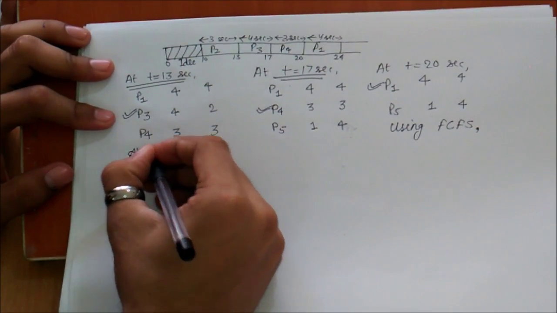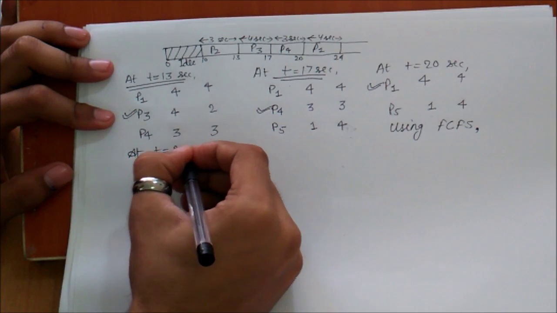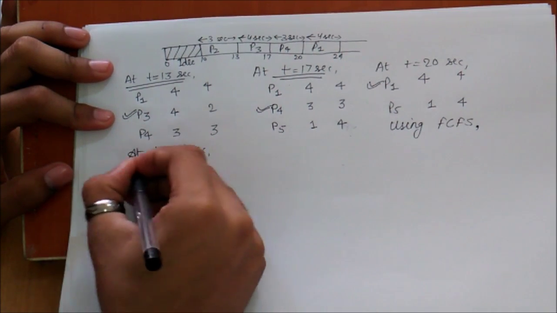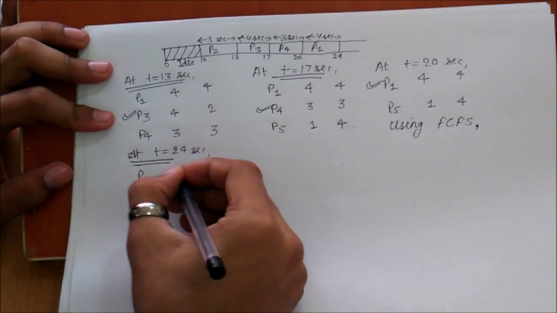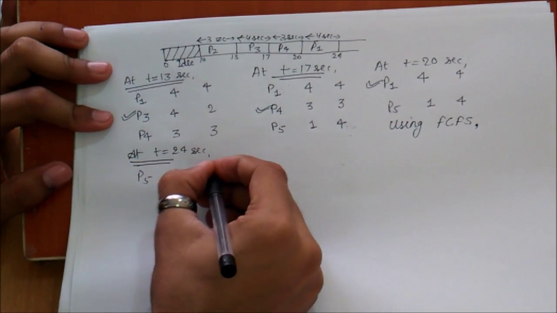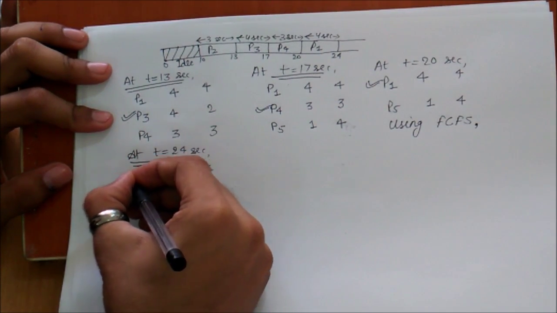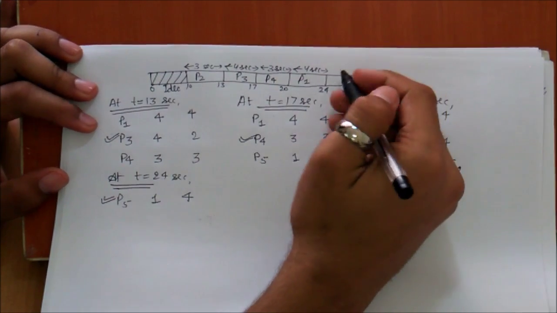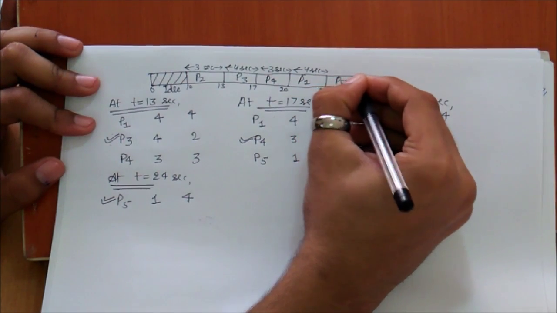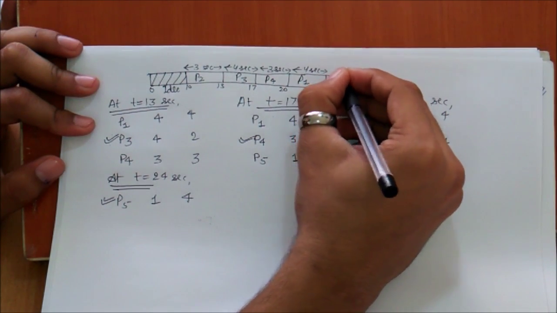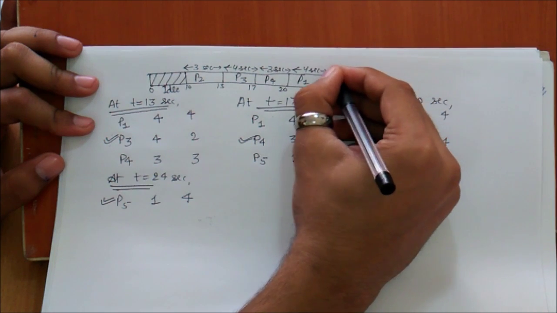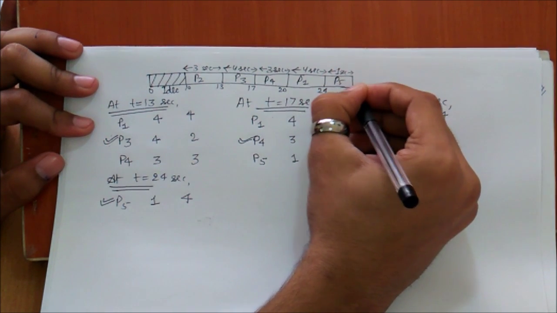Now at time t equal to 24 seconds, we have only a single process P5 having the burst time of 1 and the priority of 4. Since it is a single process, we select and execute it. Now P5 is executed for 1 second and goes up to 25.